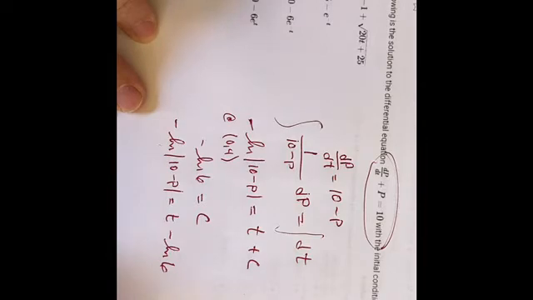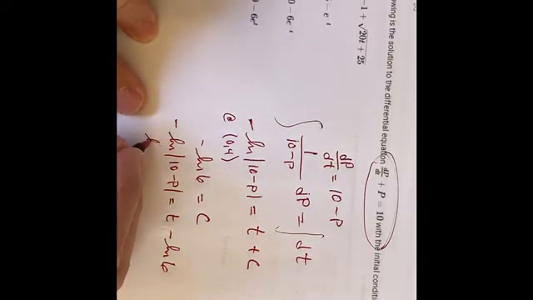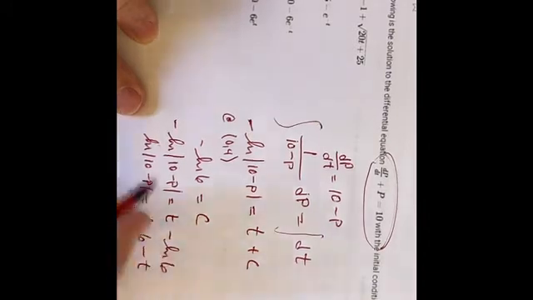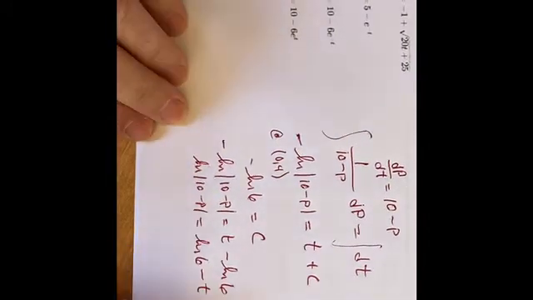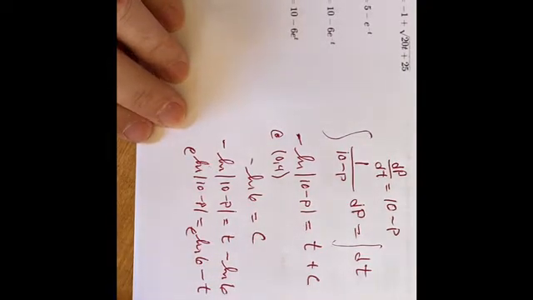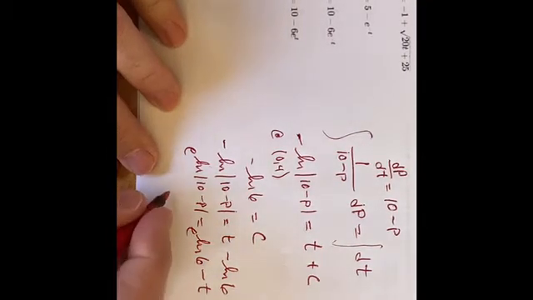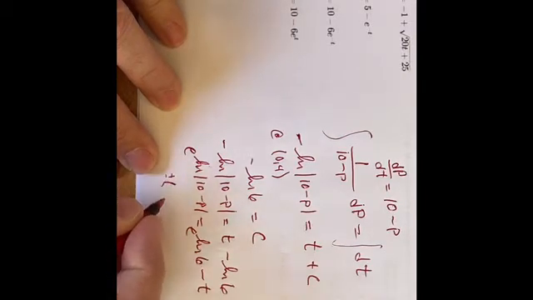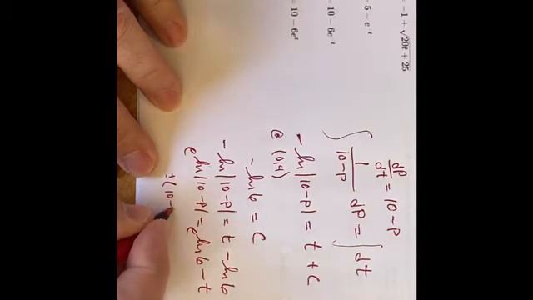I'm going to get the natural log alone, so I'll have the natural log of the absolute value of 10 minus p equals natural log of 6 minus t. So I just multiply both sides by negative 1. Now we put both sides of the equal sign as a power on e. So now I have plus or minus 10 minus p.